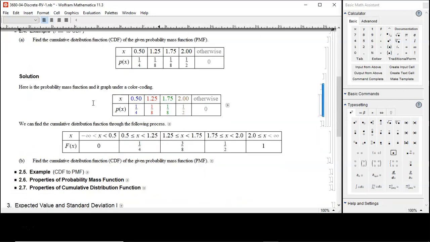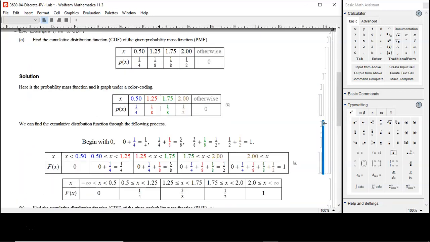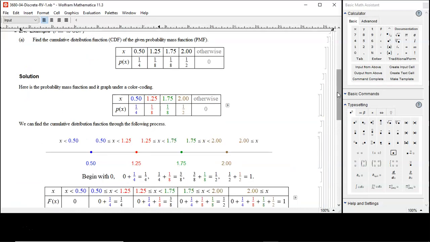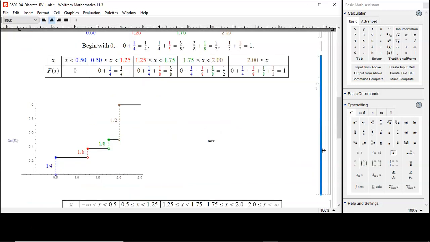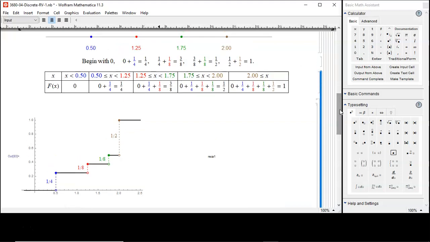So that's the mass function. And then you can divide intervals like this, and then keep accumulating. With color coding, it's a little bit easier to see. And now it's the graph. The jumps 1/4, 1/8, 1/8, 1/2, those are the jumps. They correspond to the heights.